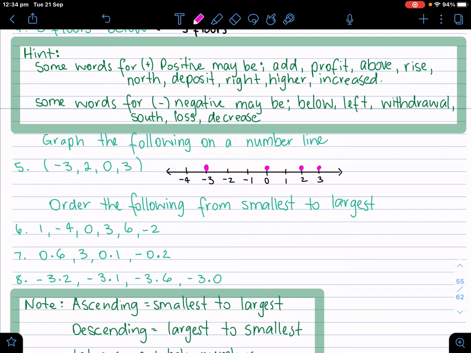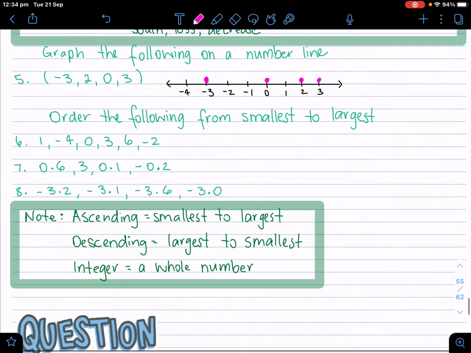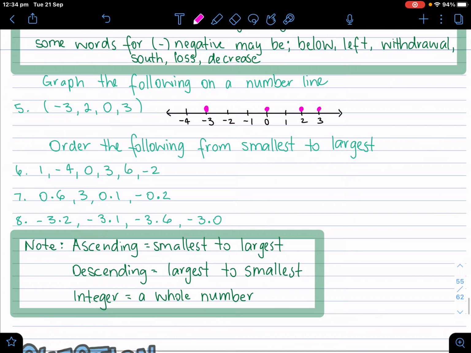Let's go through example 6 to 8. Example 6 to 8 says, order the following from smallest to largest. And we call this ascending. As you can see in the note below, ascending means smallest to largest, while its opposite is descending, largest to smallest.